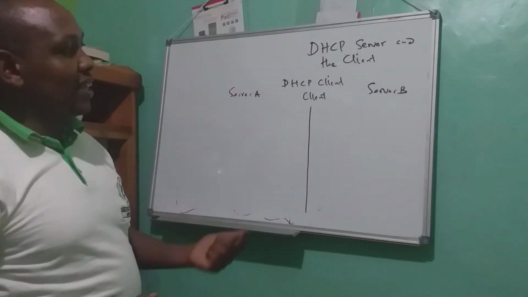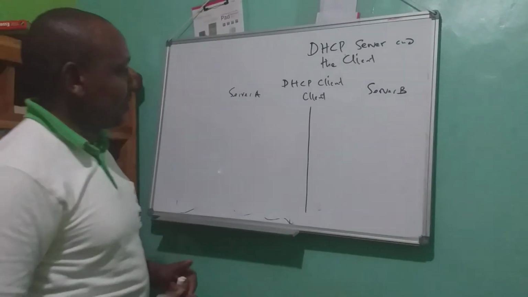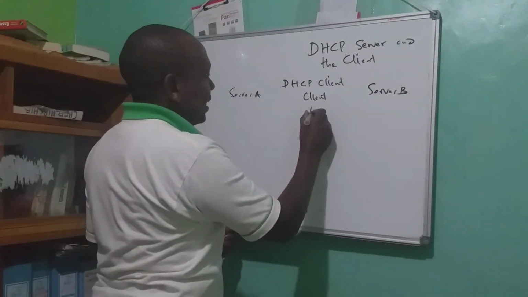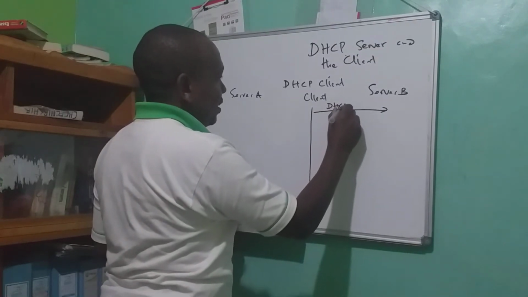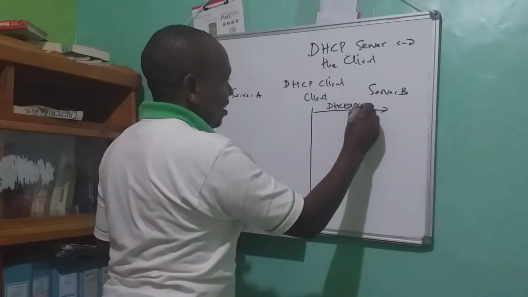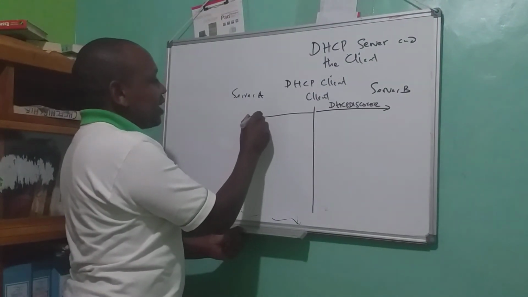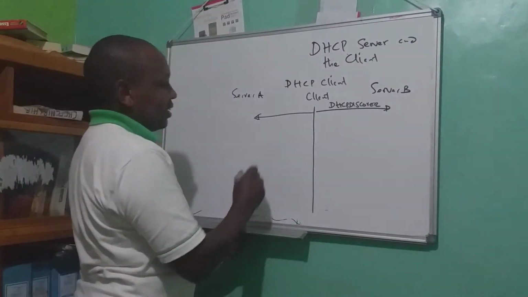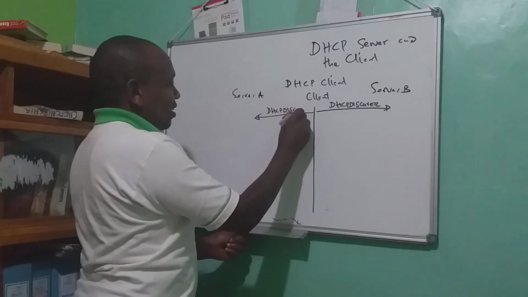Trying to know whether there is a DHCP server around. So it broadcasts what we call a DHCP discover message. So it sends to everyone in the LAN. So, DHCP discover message.